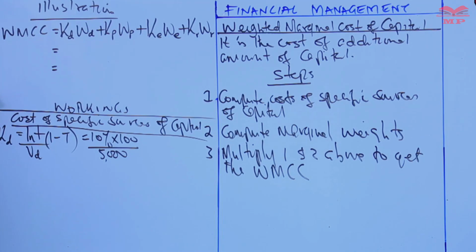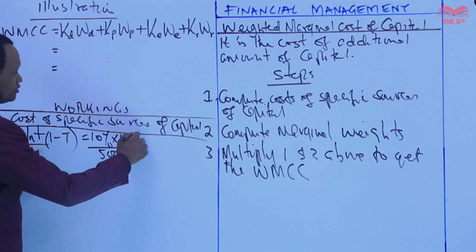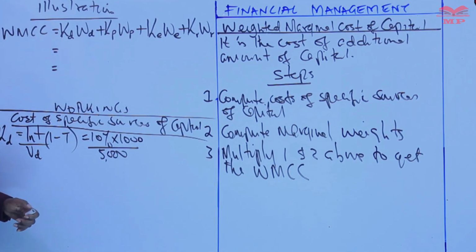Then I want you to see that the interest has to be applied on the book value. The book value is how much? We know the interest is 10%. So what will be the interest in shillings? So it is 10% of 1,000. That is the interest per debenture.